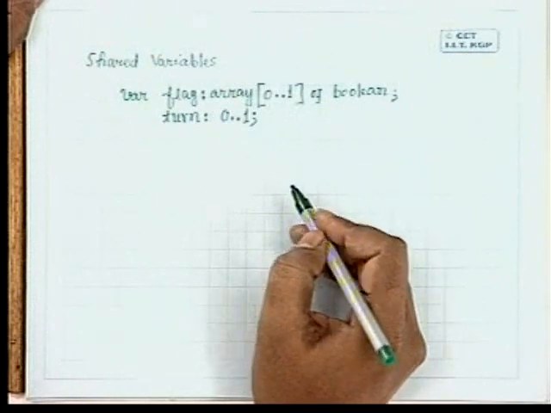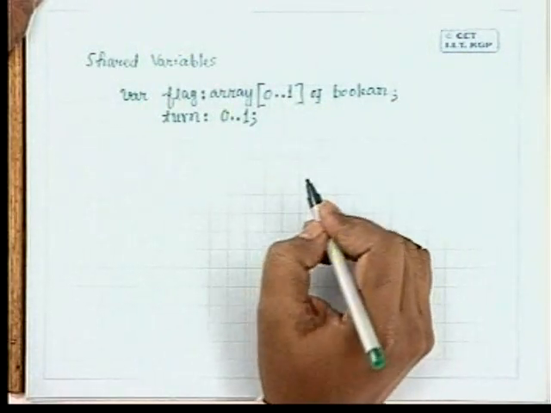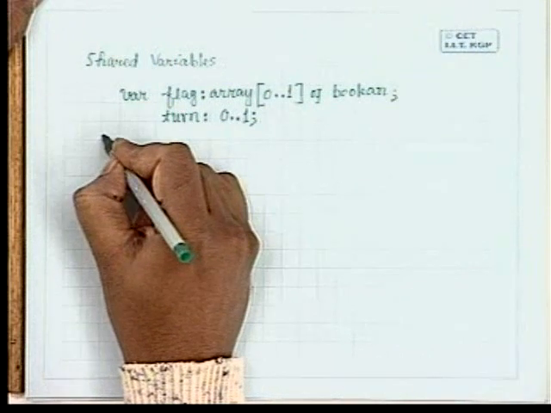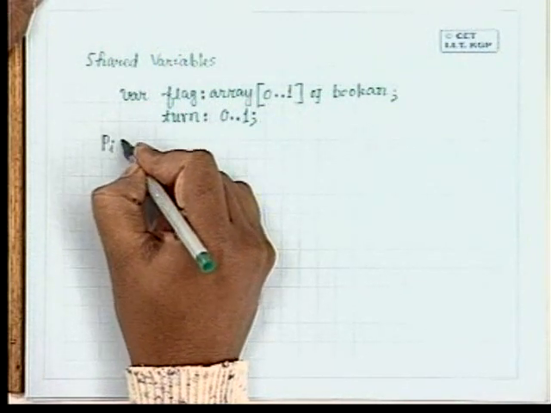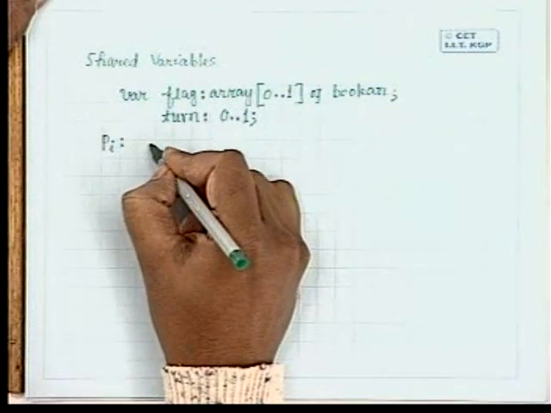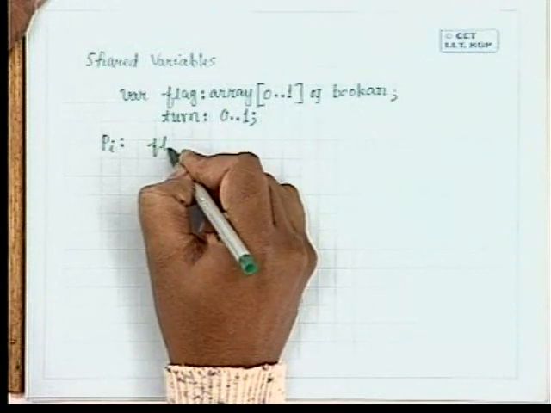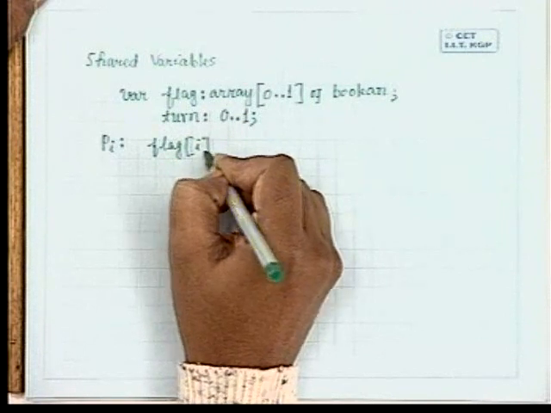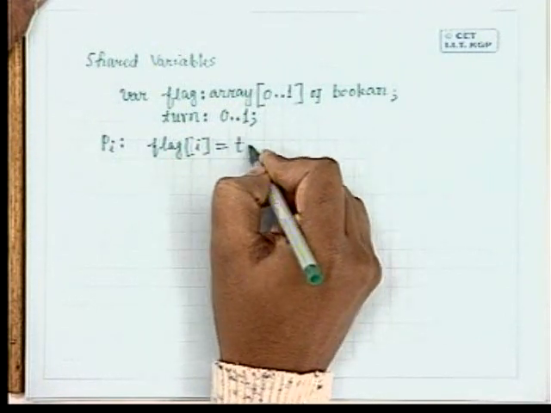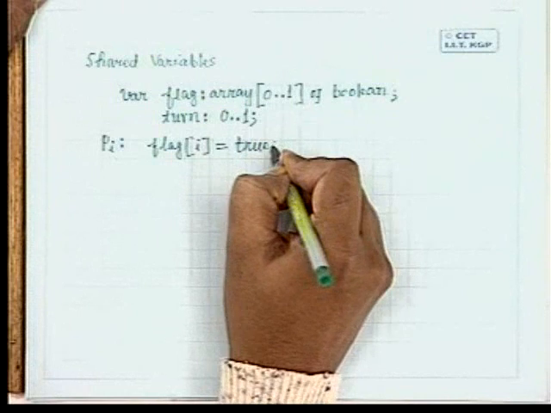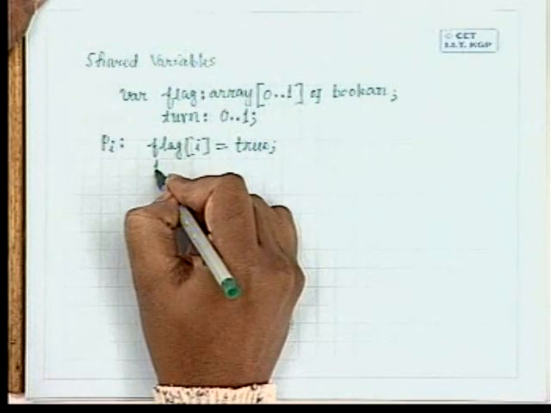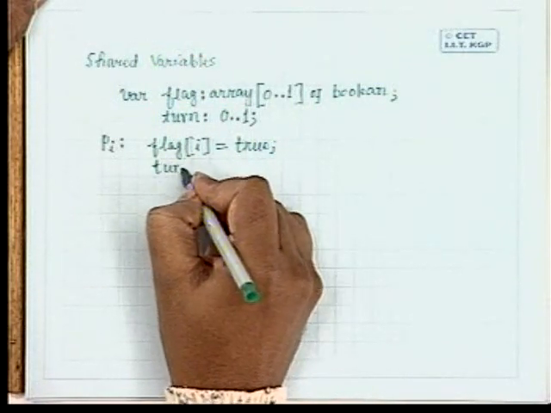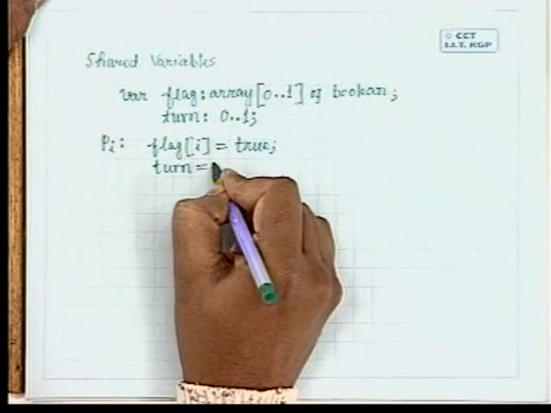Then we can write the program like this. For the ith process, Pi, it will set flag i to true, then set turn to j.